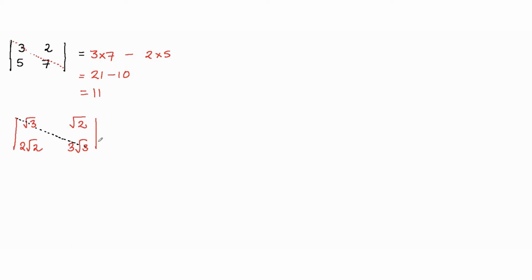Its value can be determined as root 3 multiplied by 3 root 3 minus the product of the other diagonal, that is root 2 multiplied by 2 root 2. So root 3 into root 3 is 3, 3 3s are 9, minus root 2 into root 2 is 2, 2 2s are 4. Therefore 9 minus 4 is 5. So the value of this determinant is 5.